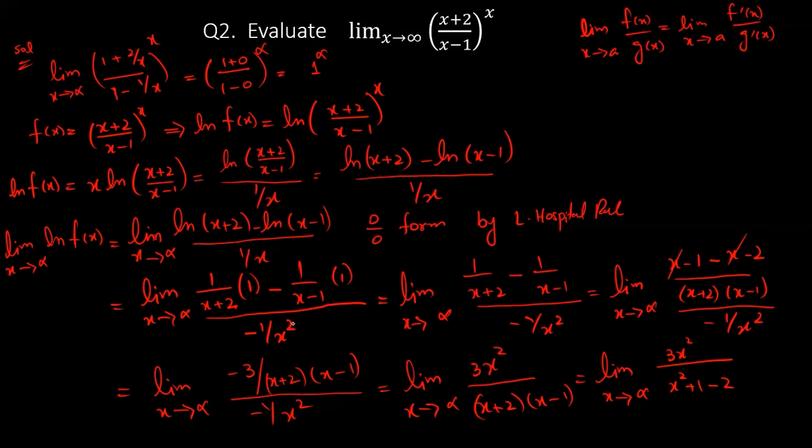So we'll apply the L'Hopital rule, and then it will give us limit x approaches infinity natural log f of x on this side, and on this side limit x approaches infinity 3x square by x square plus x minus 2.